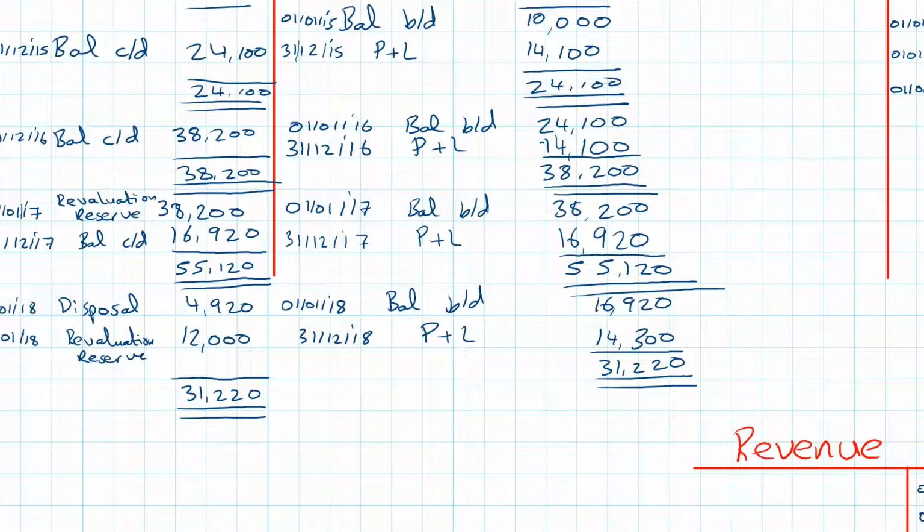So the charge is going to be our balance called down for the very end of the year. My hands are hurting just from writing dates more than anything. So what's brought down is 14,300. So that's going into the future. That's how much appreciation we have.